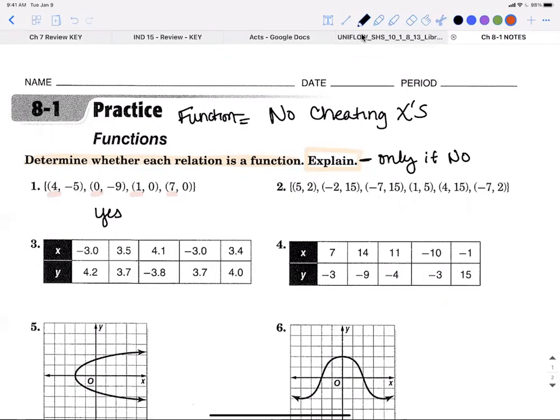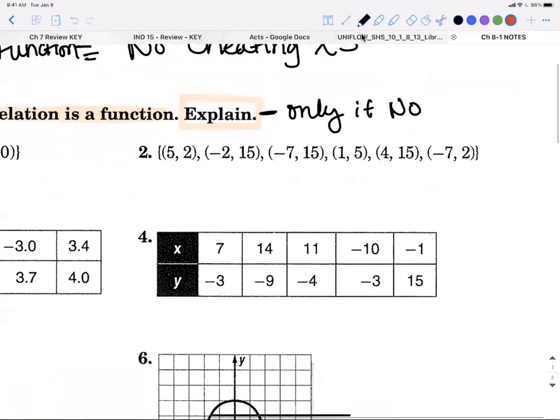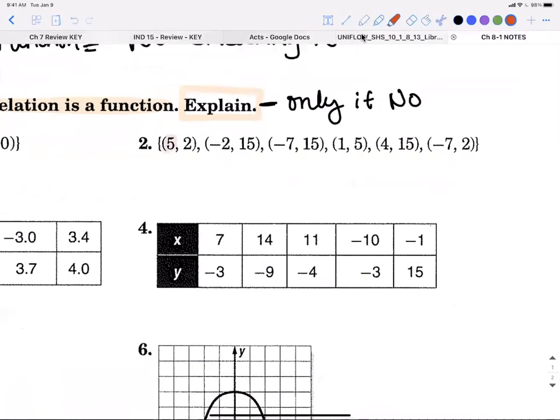So in number 1, we didn't have any cheating x's because we didn't have any x's that repeated, right? 4, 0, 1, and 7. Every x had a y. So it's a function. Now look at number 2. Just look at your x's. Y's can do whatever they want. It does not matter what the y does. So if I just look at my x's, I have a 5, a -2, a -7, a 1, a 4, and a -7.